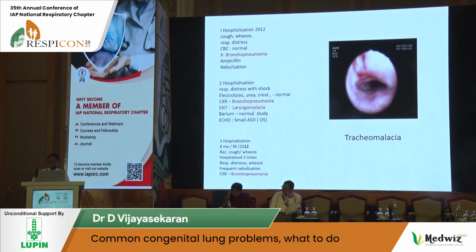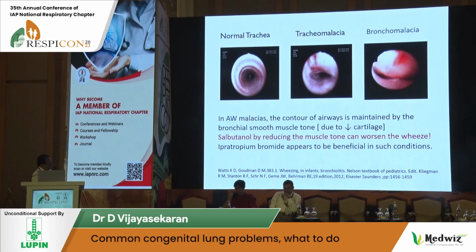Even the Nelson textbook says that any child below 1 year presenting with recurrent wheeze and not responding to medical treatment, think of that. These are bronchomalacia. This is a normal one. If any child is not responding to beta agonists and keeps getting admitted below 1 year, think of malacias. Maybe tracheomalacia, bronchomalacia, and such things are possible.